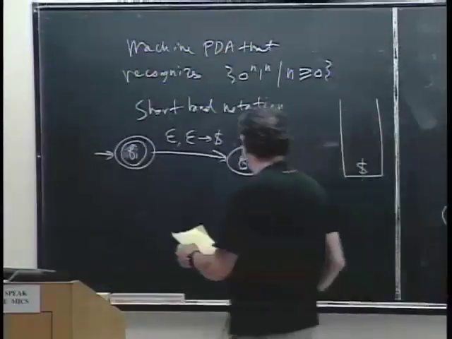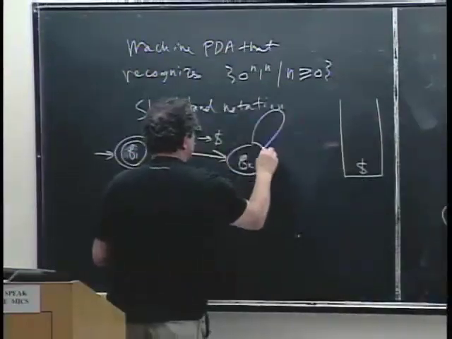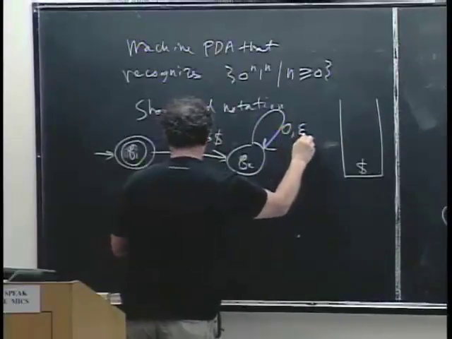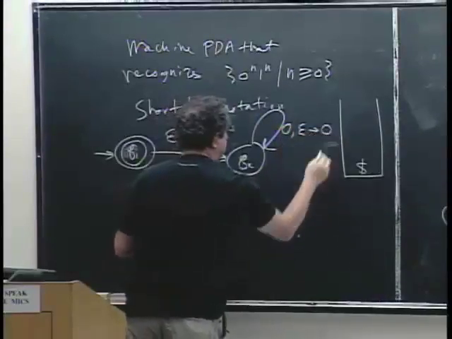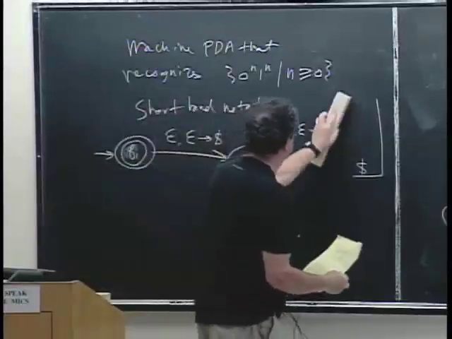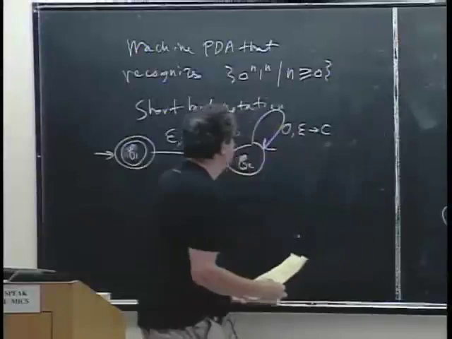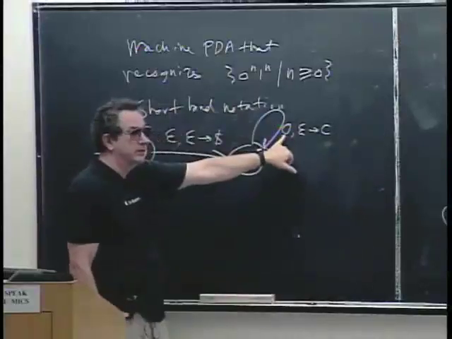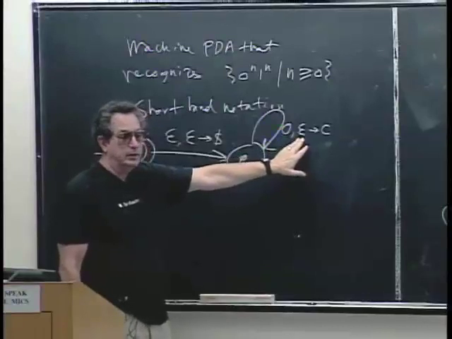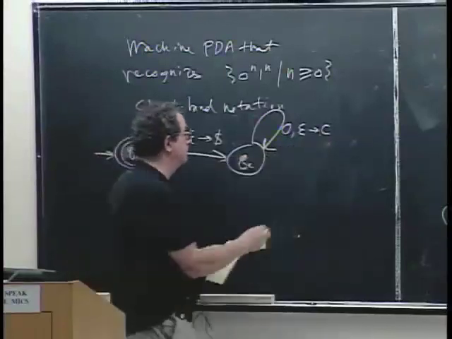All right, so that was the first step, or first state. 0 epsilon goes to 0. So what is this doing? This is saying if you see a 0 on the input tape, you're not even going to read what's on the stack, but you're going to push a 0.